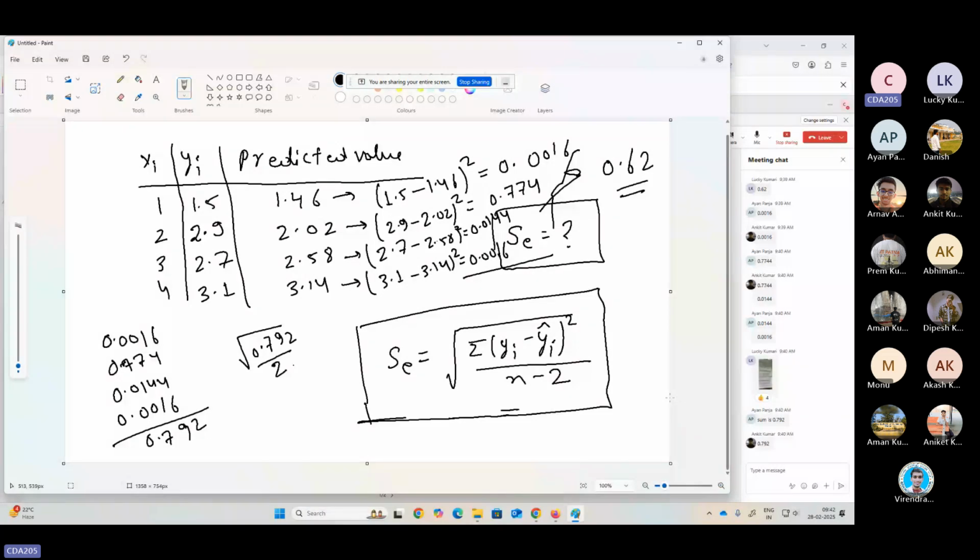So it is coming 0.396 and the output is 0.629. Everyone got it? So the final answer is 0.62.